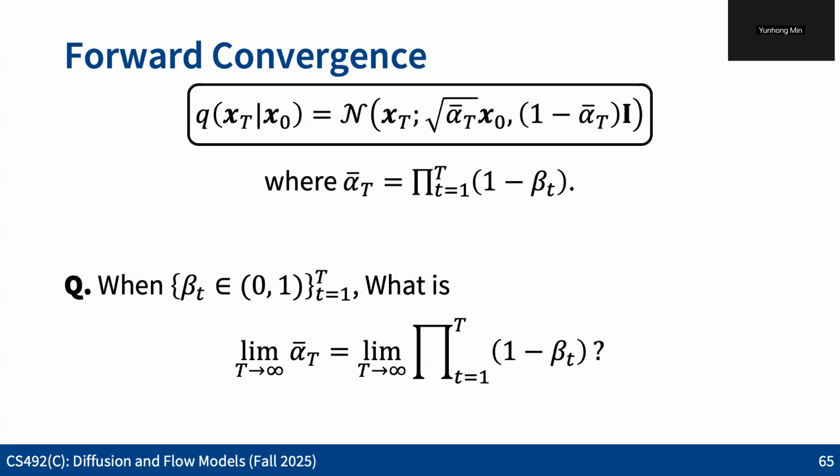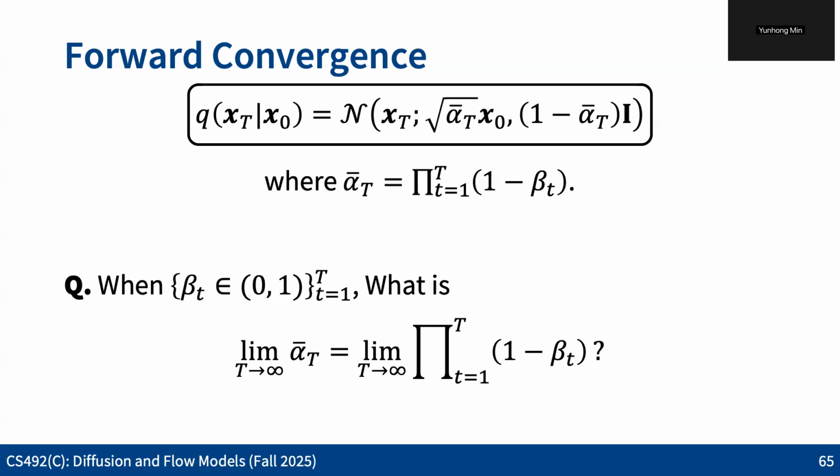And when this is defined like this, when you take the product of numbers in the range from 0 to 1, smaller than 1, if you take the product of a large number of such numbers, you're going to see that this gets closer to 0, right?